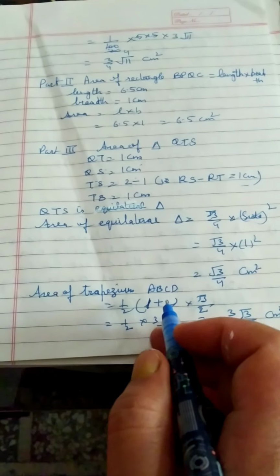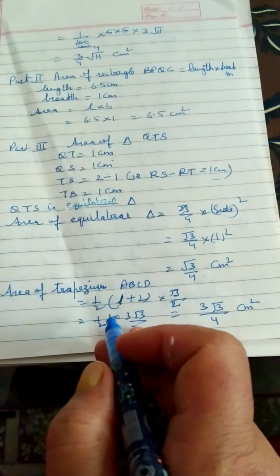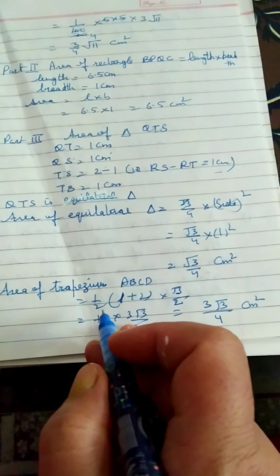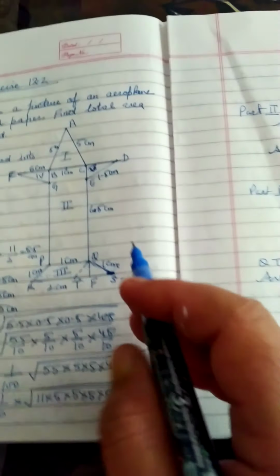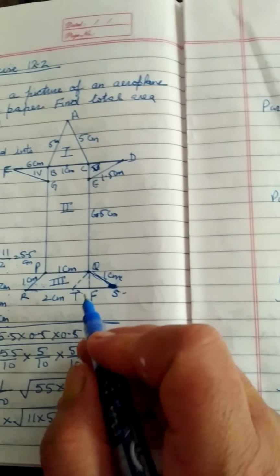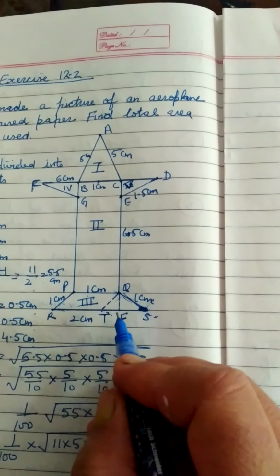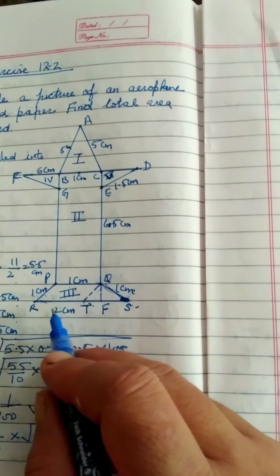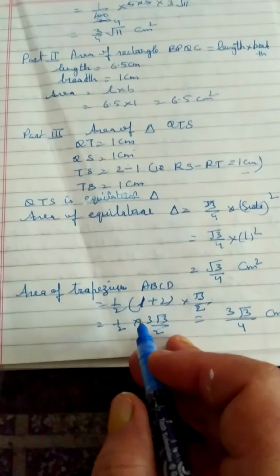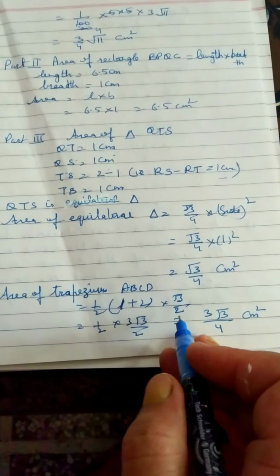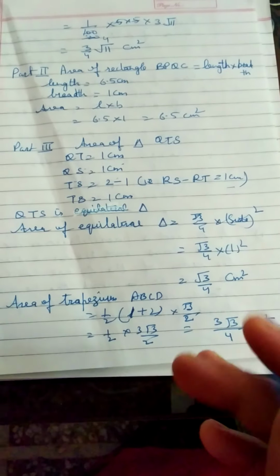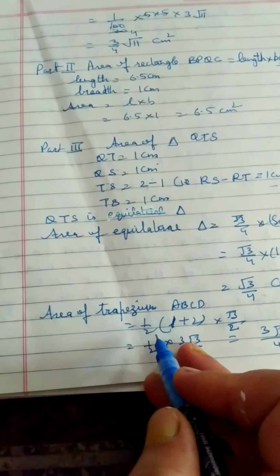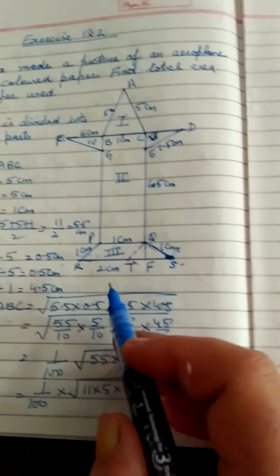Now area of trapezium ABCD is half of 1 plus 2 into square root 3 by 2.